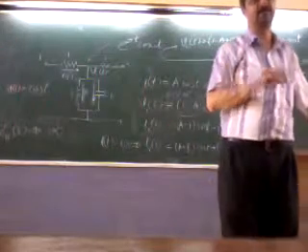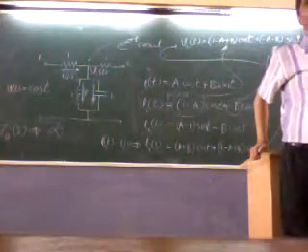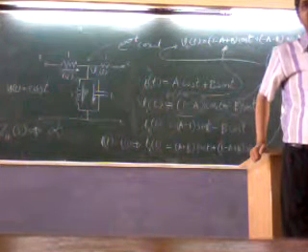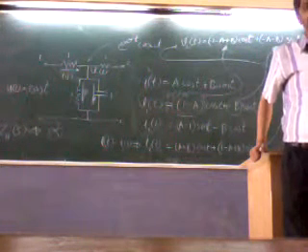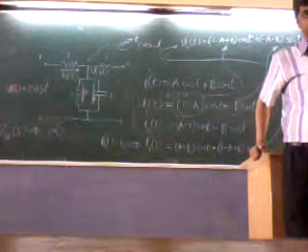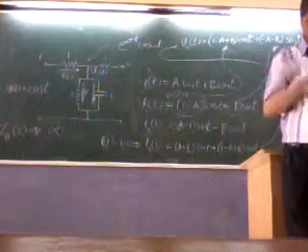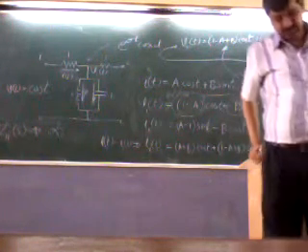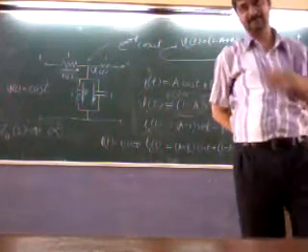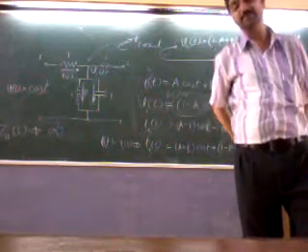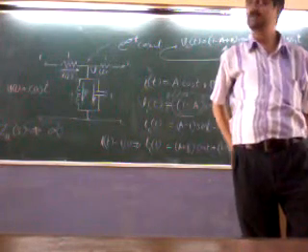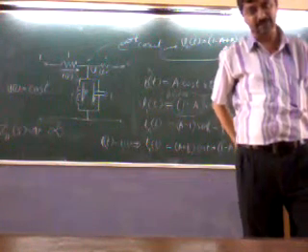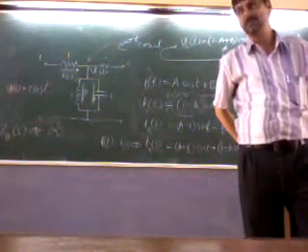Pole of the driving point impedance means an infinite impedance, means zero current. Now, zero of the impedance function. What does it mean? It is virtually a short circuit.